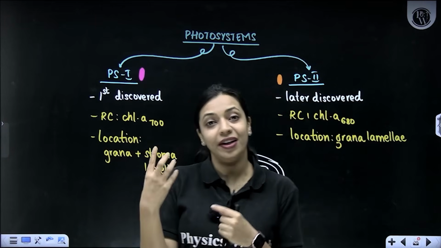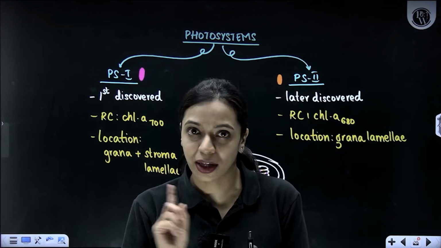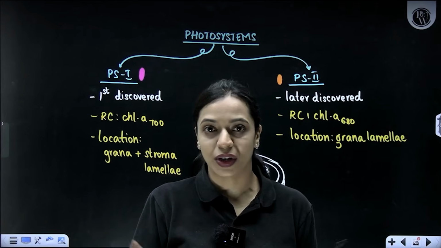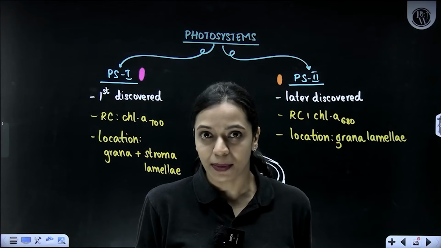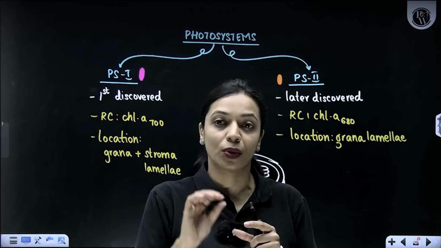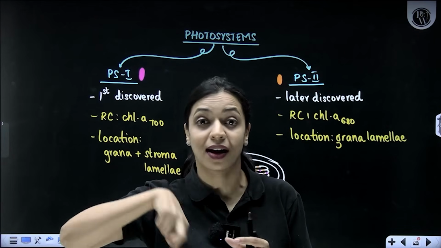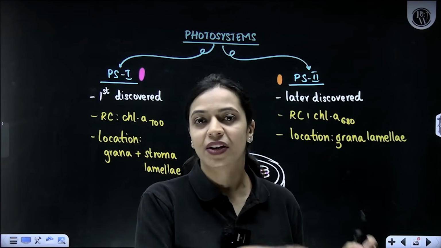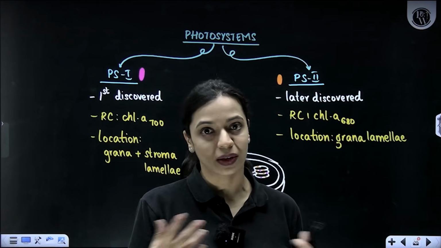Because of the interaction of chlorophyll A with the surrounding proteins, which have different amino acids with different side chains, depending upon how this chlorophyll A molecule reacts with the surrounding molecules, what wavelength of light it can absorb maximally will vary.